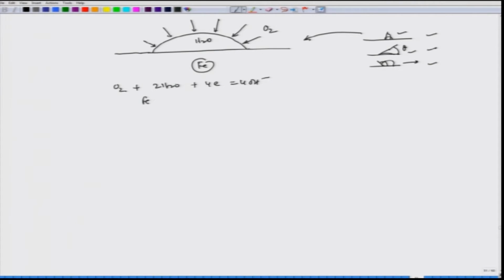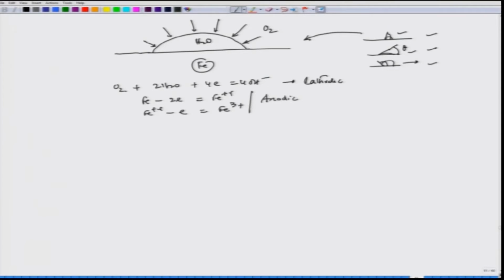As well as Fe plus plus minus e equal to Fe 3 plus. So these are anodic reactions and this is cathodic. Initially, the oxygen concentration throughout this water droplet is almost at a similar level.